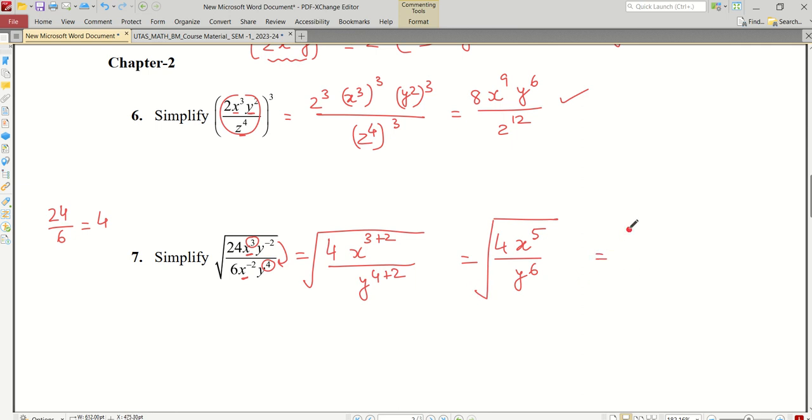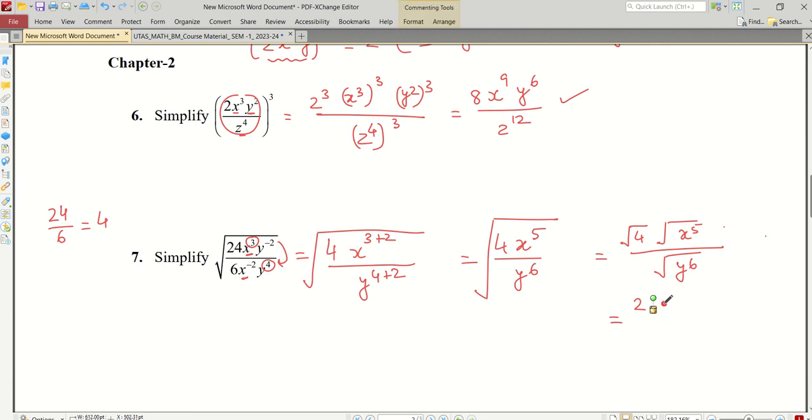So what is the answer? The answer is square root 4, square root x power 5, divided by square root y power 6. So what is the value of square root 4? It is 2. What is the value of square root x power 5?